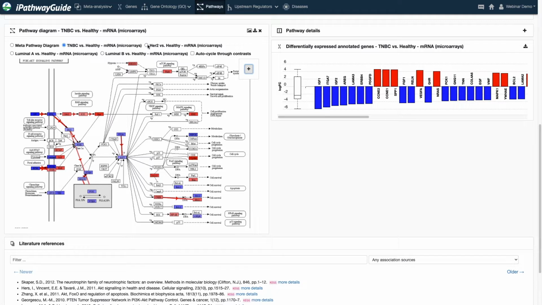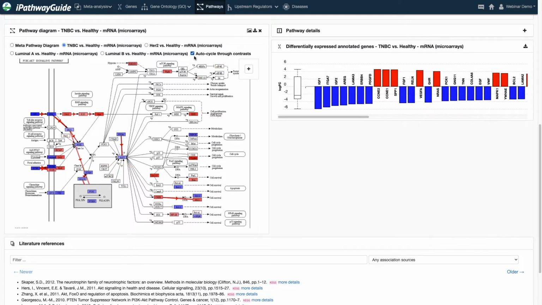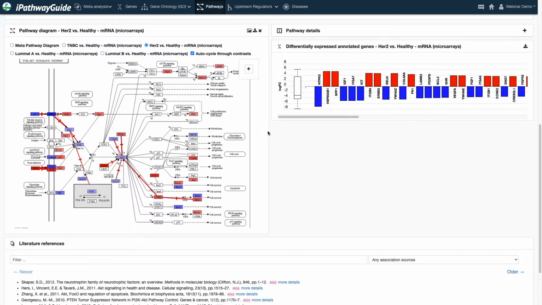And we can step through and notice where those coherent cascades change from contrast to contrast. And you can see that there's some things that remain the same, there's some things that get extended further, and there's some things that change. This last button here, auto cycle, allows you to do it without clicking.